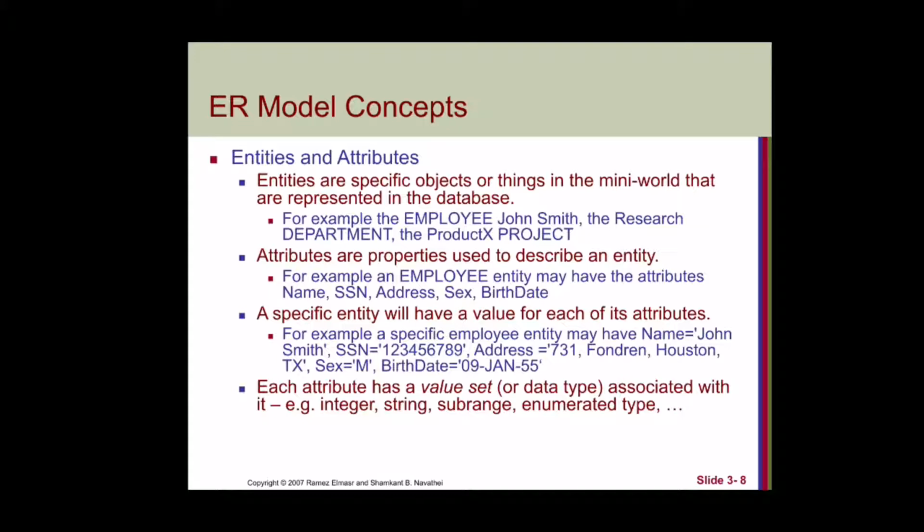So these are the values we have assigned to the particular attributes, and each attribute has a value set or data type associated with it: integer, string, subrange, enumerated type. These are all the data types we use for the various attributes.